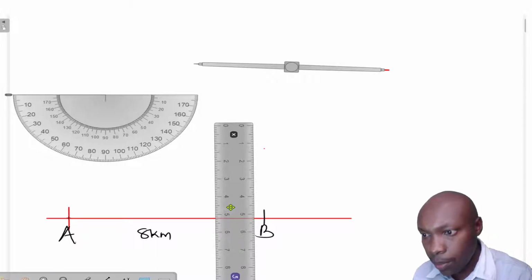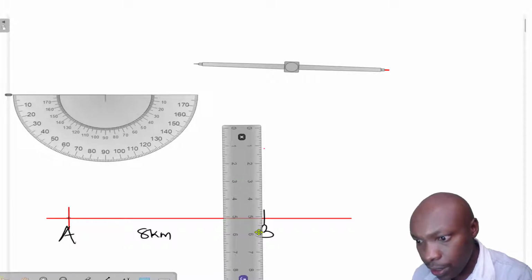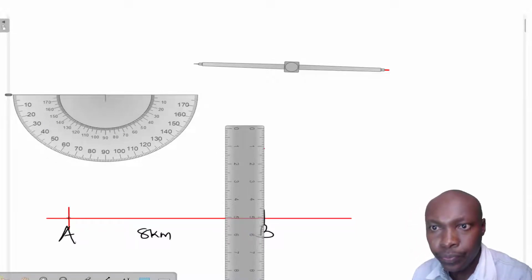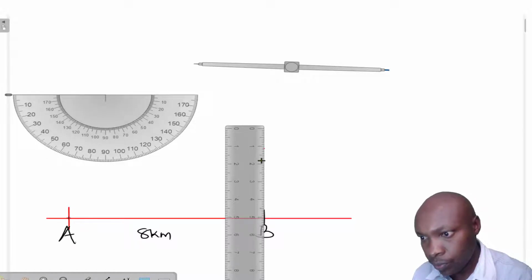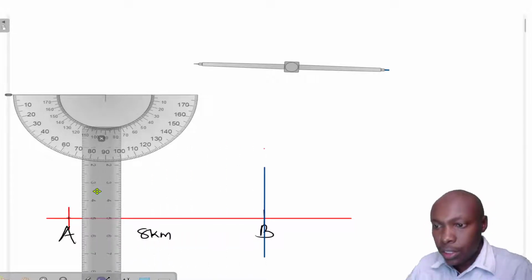So using those points, I will place my ruler there and draw that line. That will definitely give me 90 degrees. All right, now that is 90 degrees.